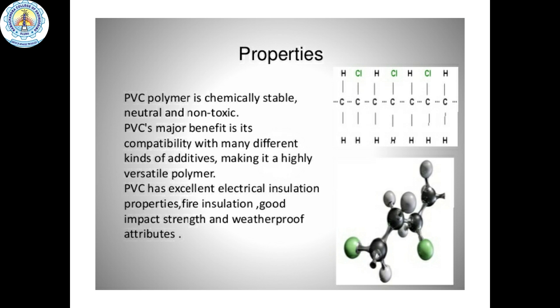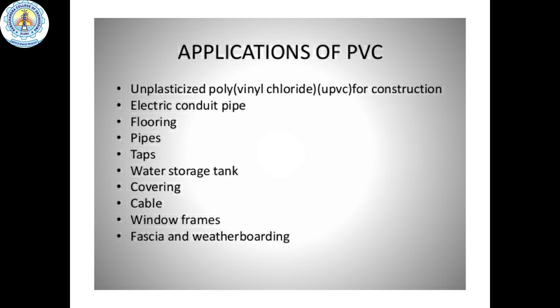Coming to the properties of PVC. PVC is chemically stable, neutral, and a non-toxic material. PVC's major benefit is its compatibility with many different kinds of additives, making it a highly versatile polymer. PVC has excellent electrical insulation properties, fire resistance properties, good impact strength, and weatherproof attributes.